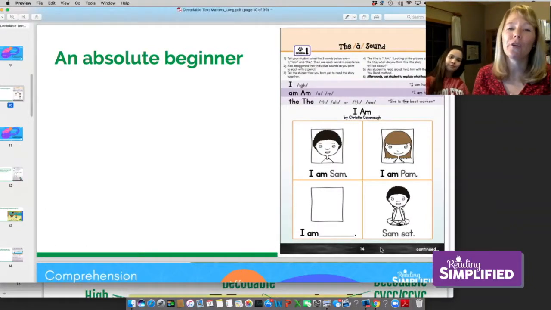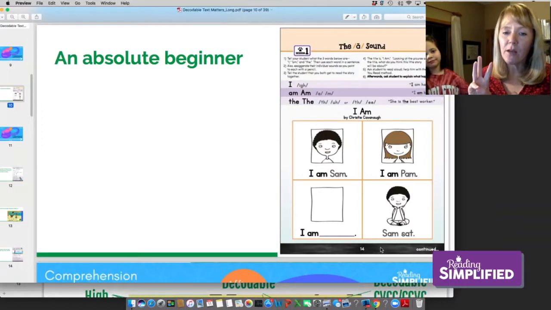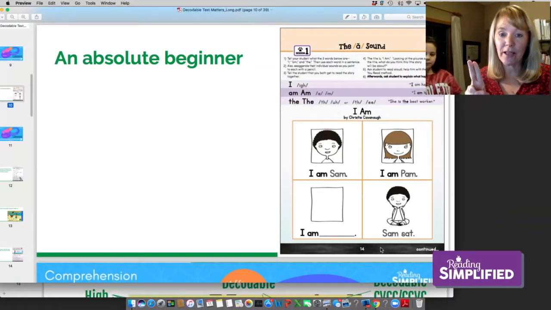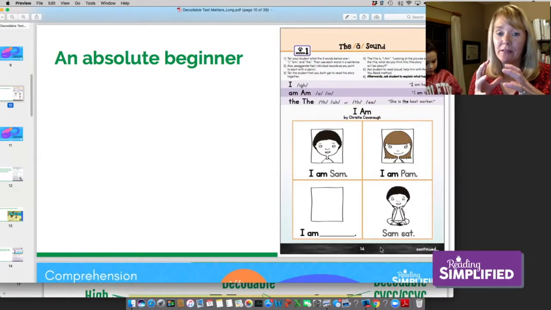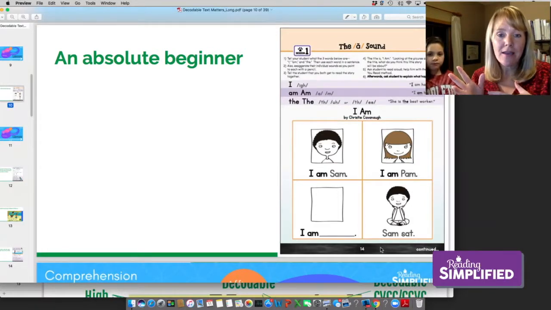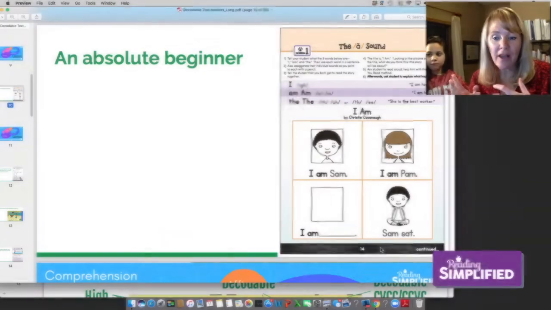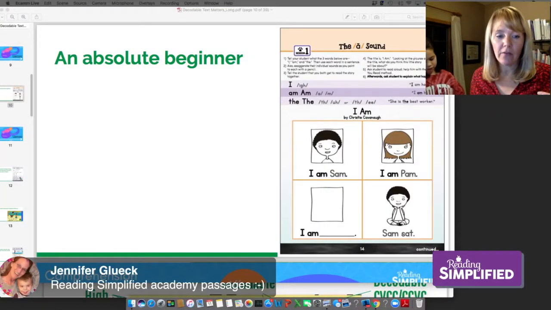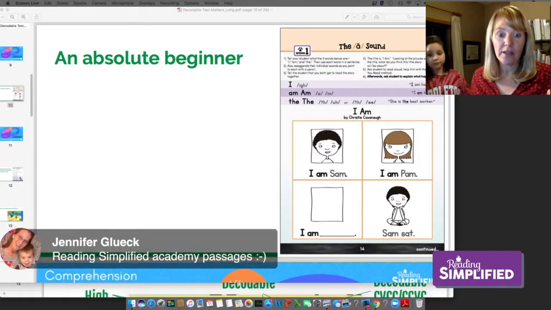So let's see what the features are in there. What do you all notice about that text? Most of the words are 3 sounds or 2 sounds. There are short vowels. They're super short sentences. There's only one high frequency word, I, but it's repeated a couple times. This is an example of a passage from the Reading Simplified Academy.